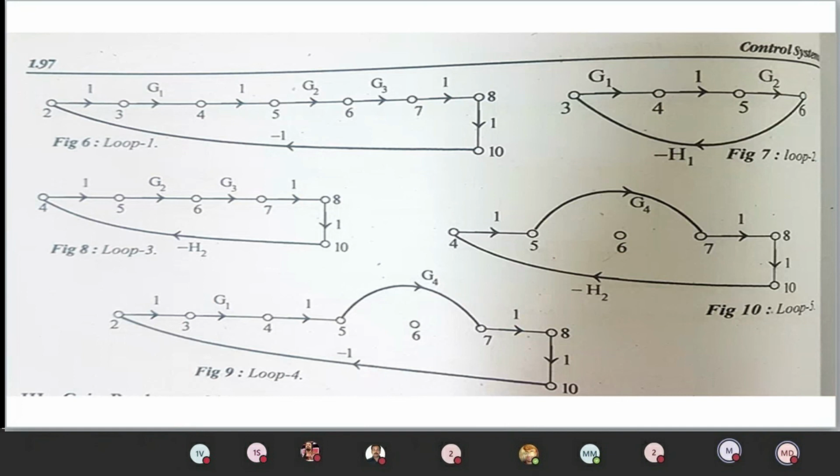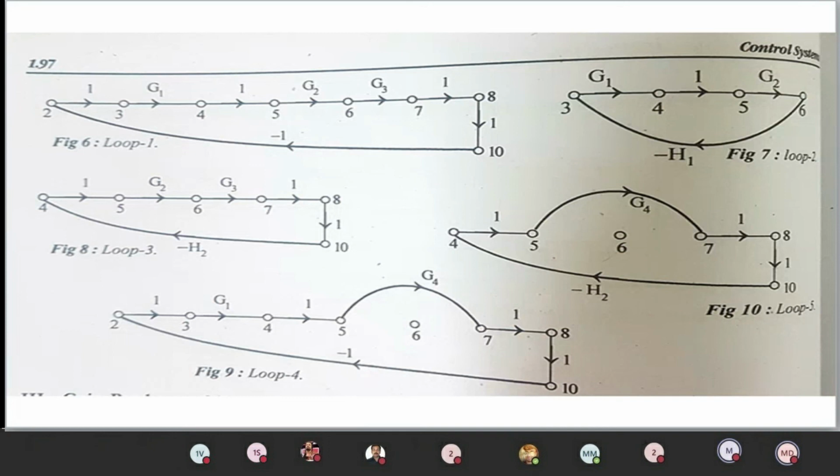Sorry, you can take it as loop 4 or 5. And the final one is 2 to 3, 3 to 4, 4 to 5, 5 to 7, 7 to 8, 8 to 10, 10 to 2. Kindly understand, an individual loop is one which starts at one node and ends at the same node by touching the other nodes only once.